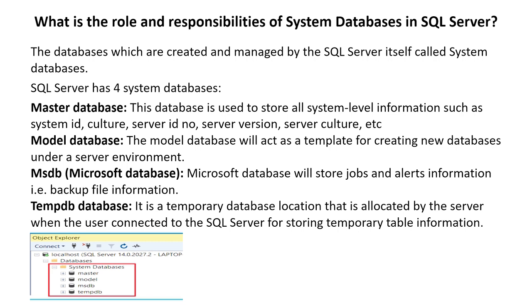MSDB, the Microsoft database, stores jobs and alerts information, that is, backup file information. TempDB is a temporary database location that is allocated by the server when the user connects to the SQL Server for storing temporary table information.